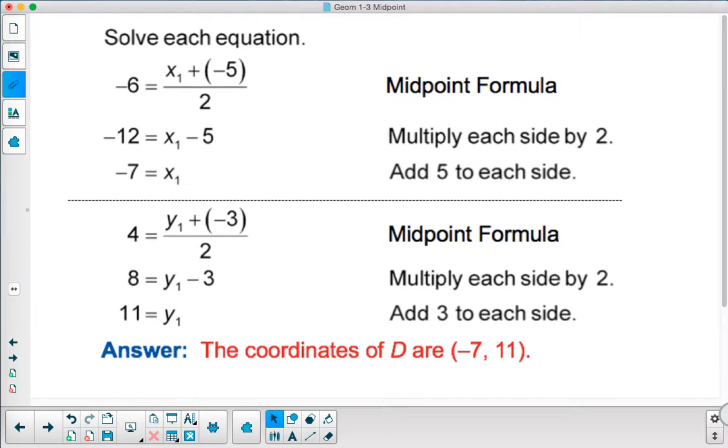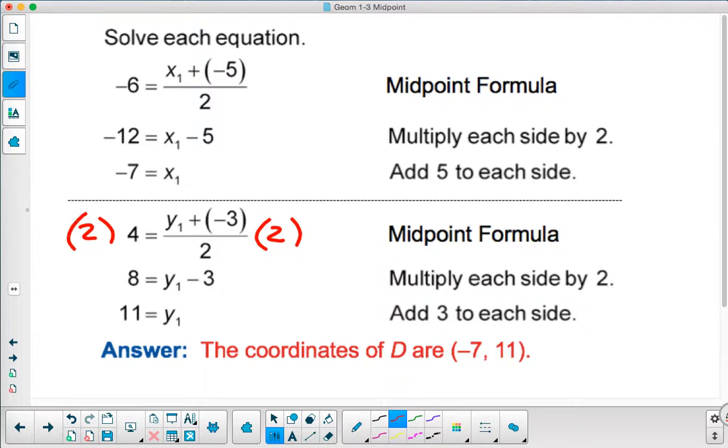The answer should be -7, 11. Again, flip back to the solution or how to work it in order to understand if you didn't do it right. Realize the multiplying by 2 on each side eliminates the fraction denominator. And that's the step that you start on solving both of them.